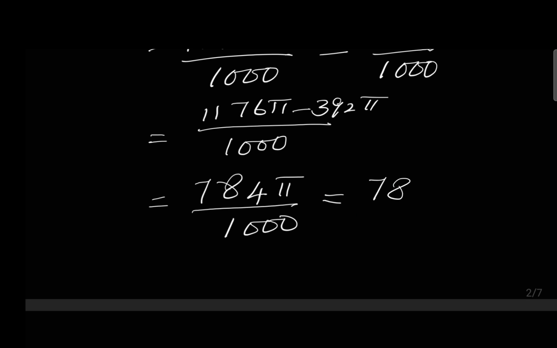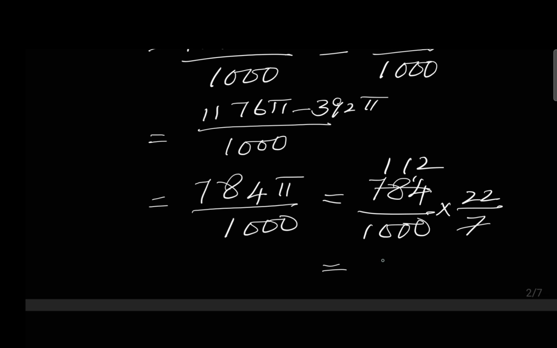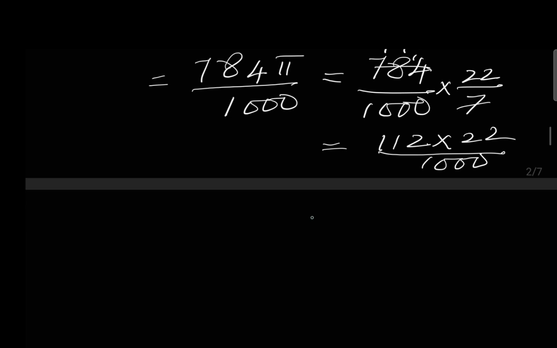Substitute the value for pi now, 22 by 7. 7 goes into 784 one hundred and twelve times, so 112 into 22 by 1000. You multiply these two numbers and you will get 2464 by 1000.